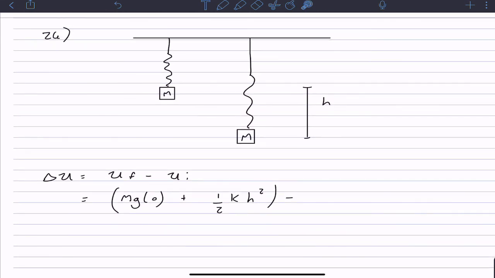For the initial energy, the spring is unstretched, so there's no displacement for the spring. So this is going to be half k times 0 squared plus this block. We know it's going to travel down, and it's going to be contained by the spring once it goes down. So this is going to start here and travel a distance of h. So this is going to be mgh.